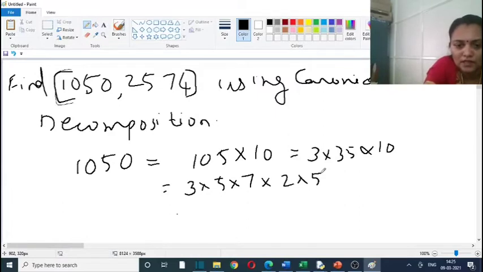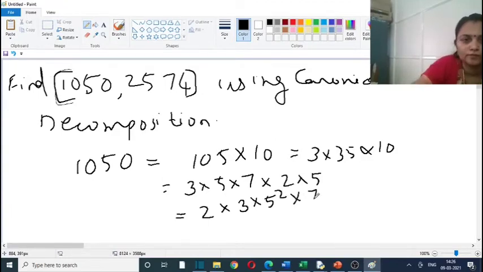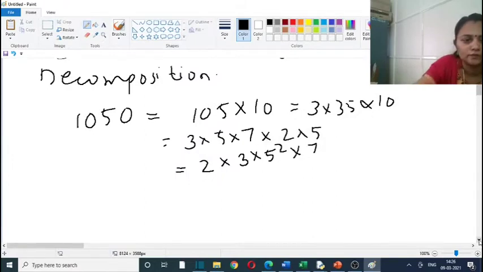So we could write this as 2 into 3 into 5 square into 7. Now 2574.